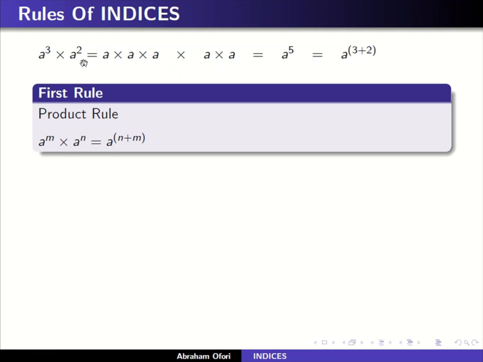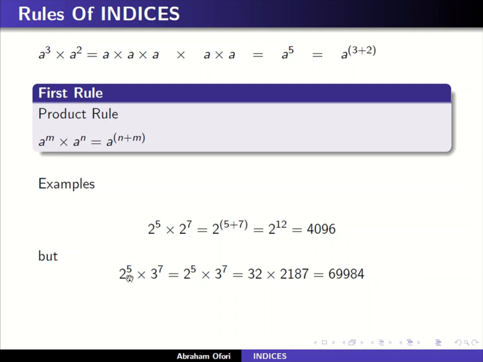This is true because we can prove it using this. Let's see an example: we have 2 to the power 5 times 2 to the power 7. This can be written as 2 to the power 5 plus 7, which is 2 to the power 12, and simplifying it we get 4096.